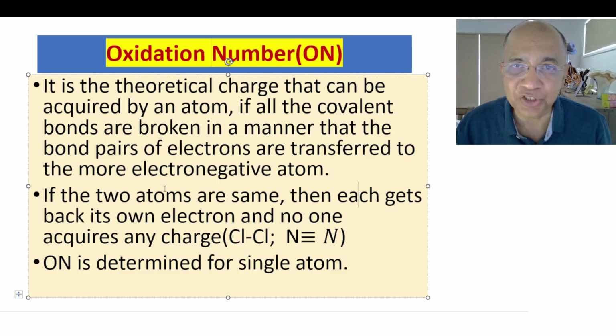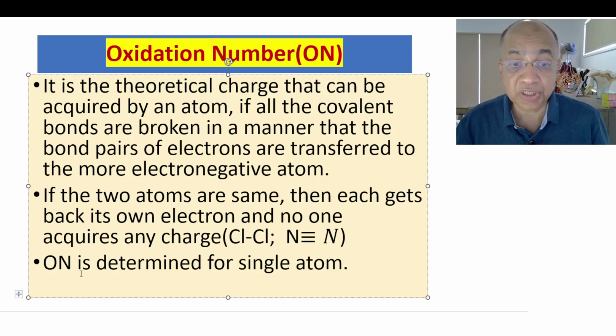It is a hypothetical charge in a covalent molecule or ion. If the two atoms are identical with the same electronegativity, then each gets back its own electron and no one acquires any charge. The oxidation number in that case is 0.